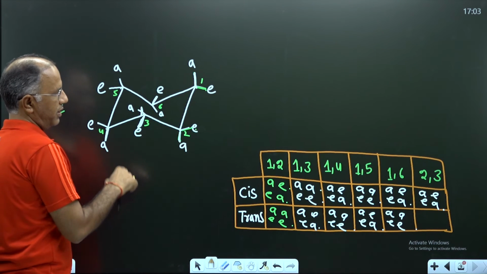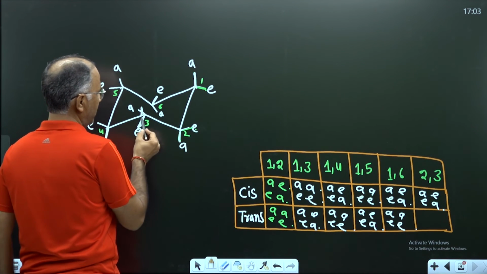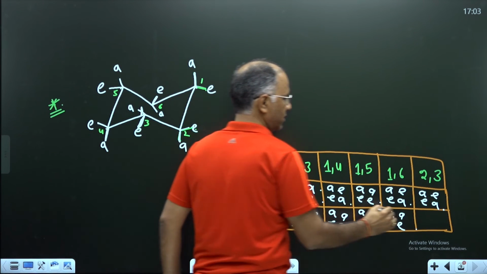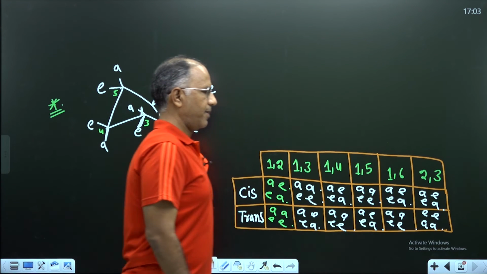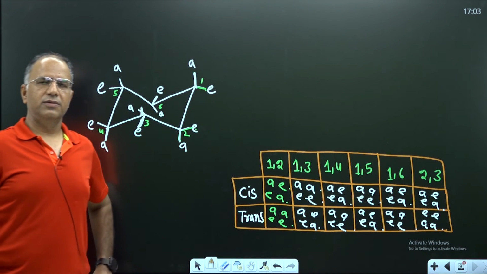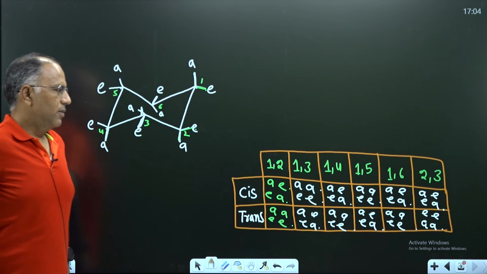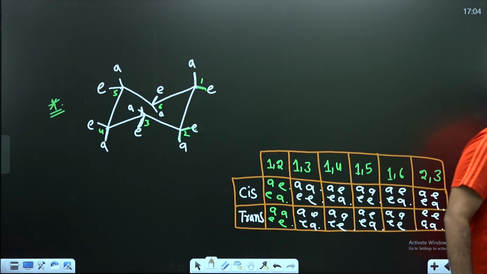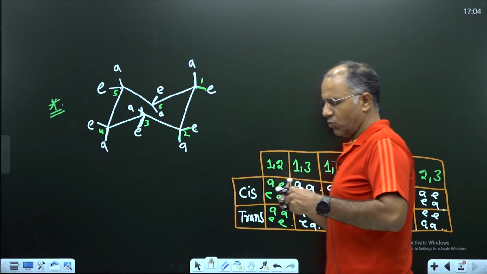We have to determine trans in 2nd and 3rd. So this E is up and this E is down. This means both EE and AA will be trans. Got it? Now, whatever I taught you, let us learn with the help of this model.